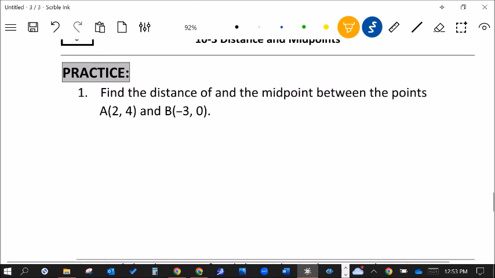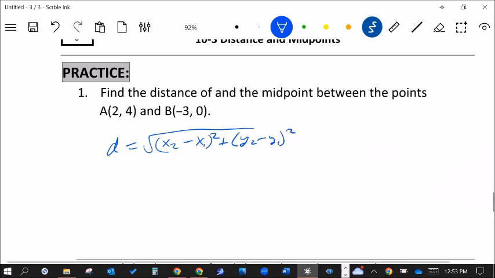Okay, welcome back. We have that the distance is equal to the square root of x sub 2 minus x sub 1 squared plus y sub 2 minus y sub 1 squared. Again, I'm going to call this my first pair and my second. So that's -3 minus 2 squared plus 0 minus 4 squared.